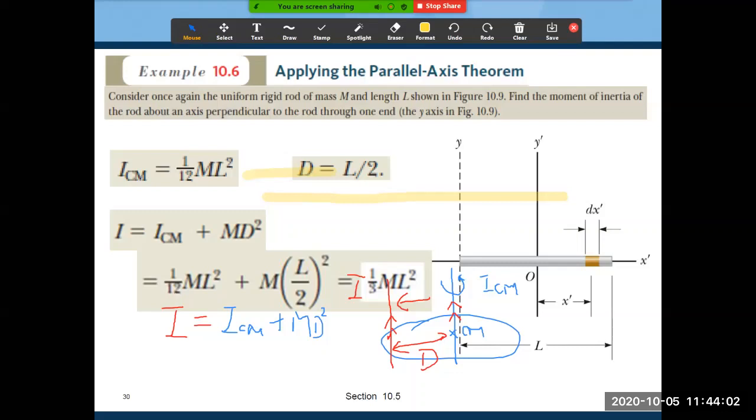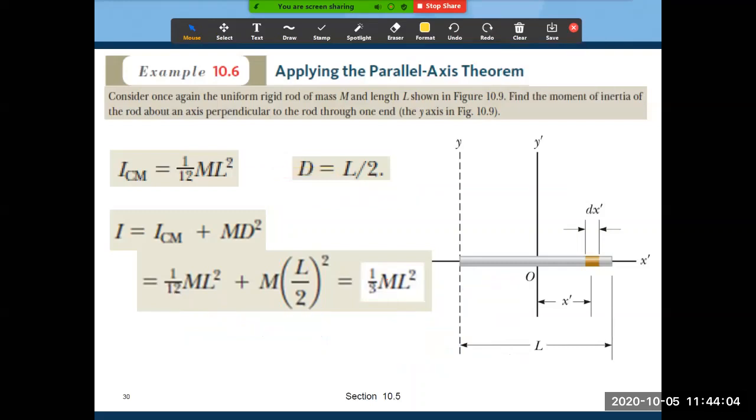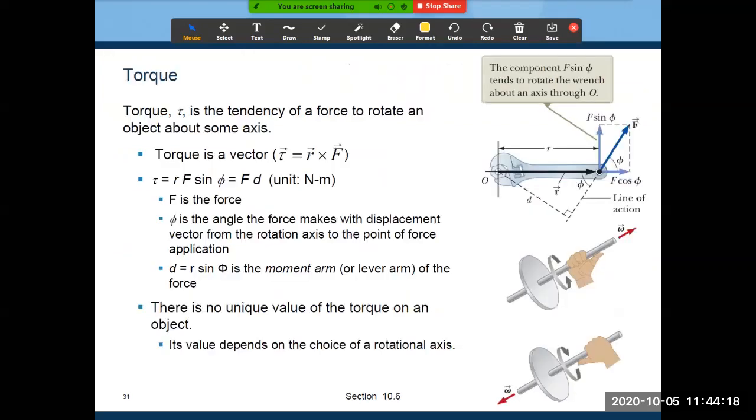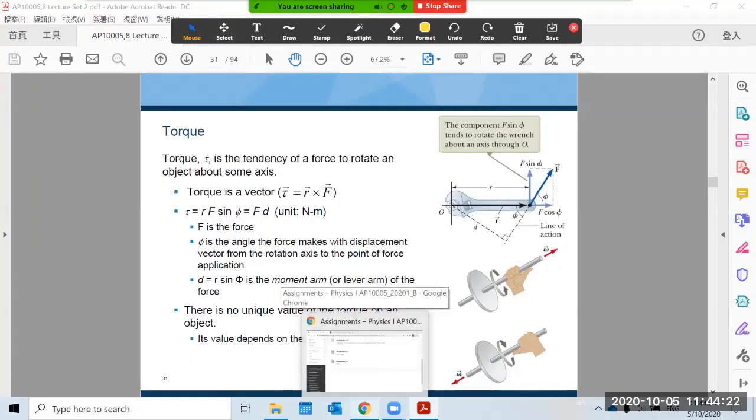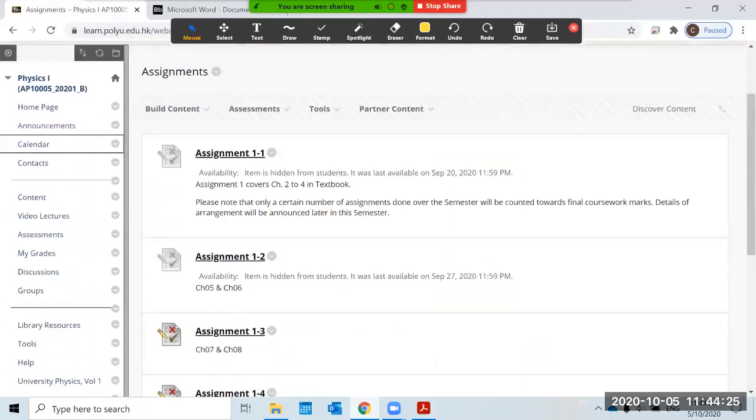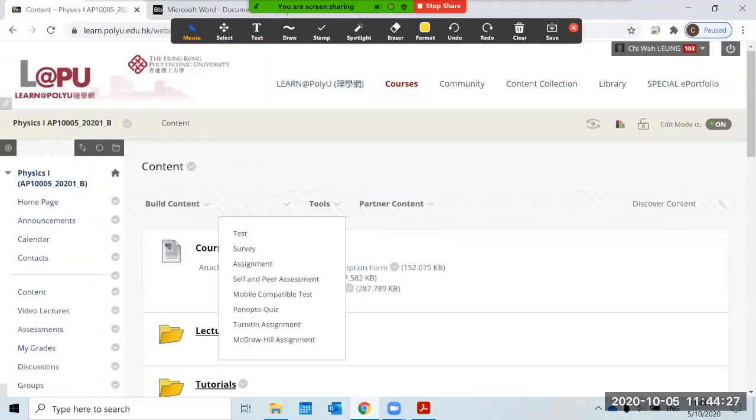But with the parallel axis theorem, we could also find out that the answer is valid. And also in tutorial question 4, we have seen a question. Let's see.